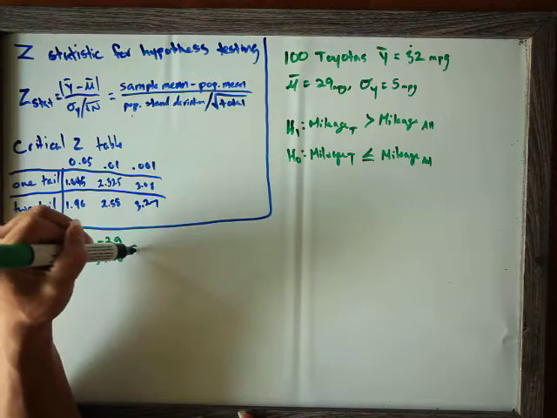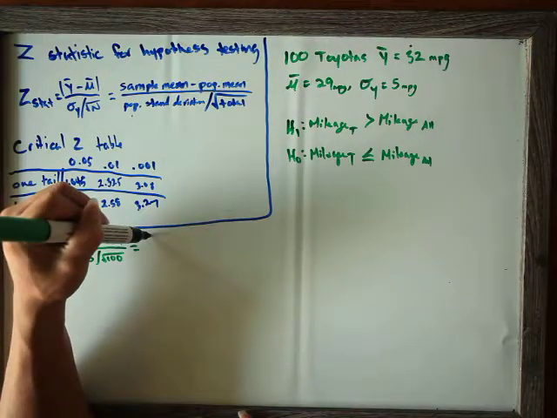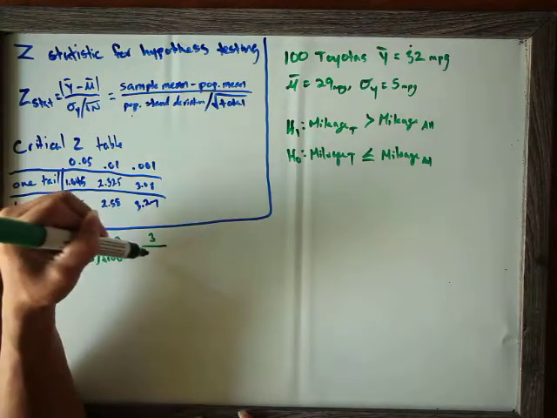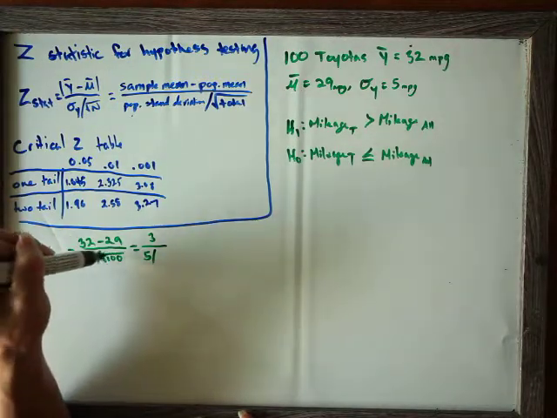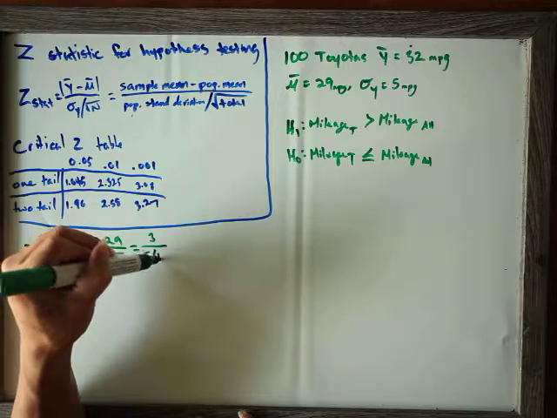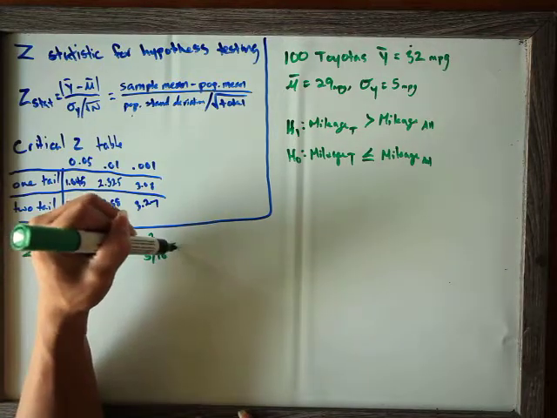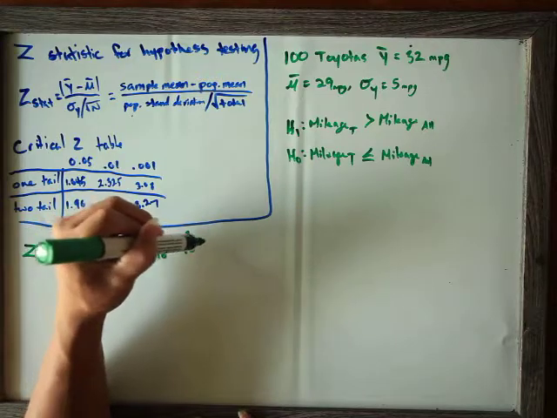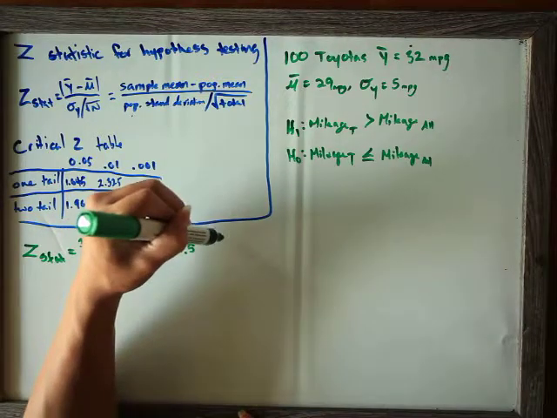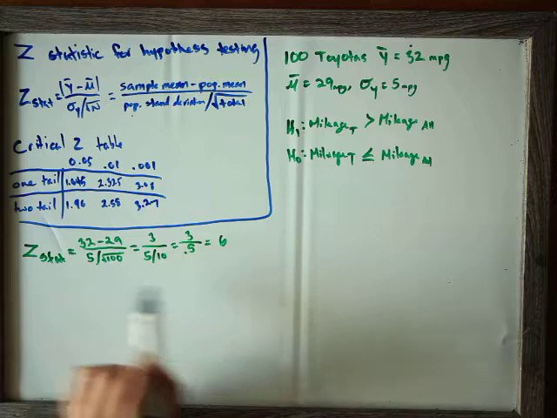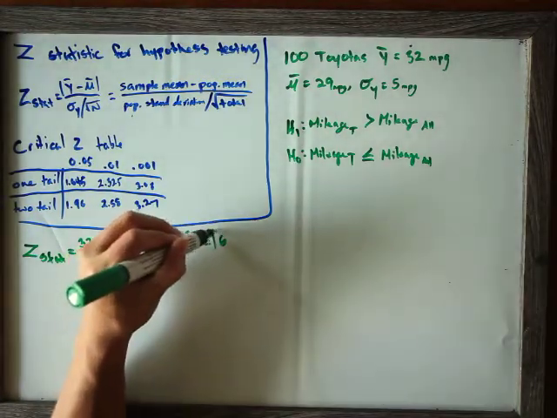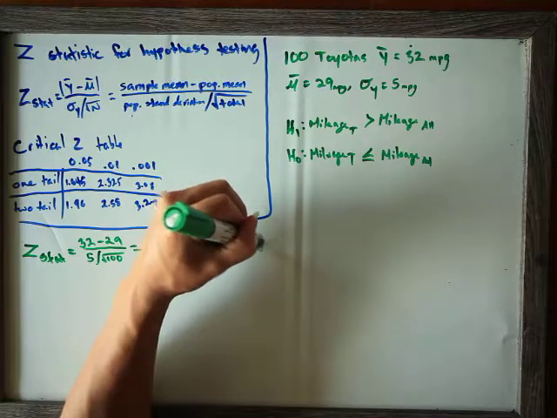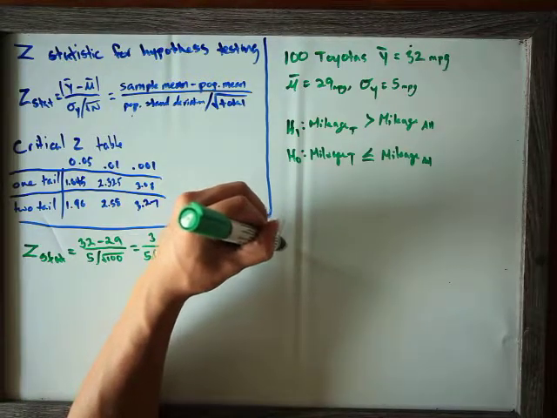Working this out, we have 3 in the numerator, and in the denominator, 5 divided by the square root of 100, which is 10. So that's going to give us 3 over 0.5, giving us a z-statistic of 6. This number, 6, is our obtained z-statistic.